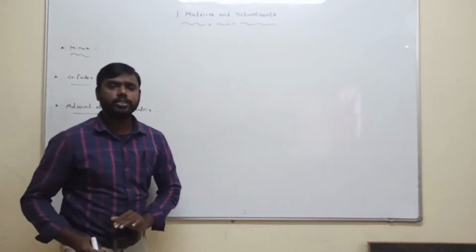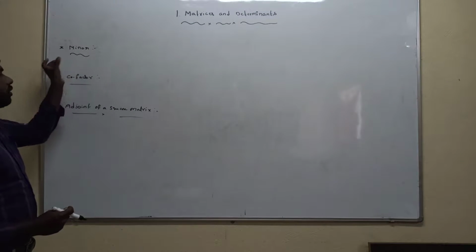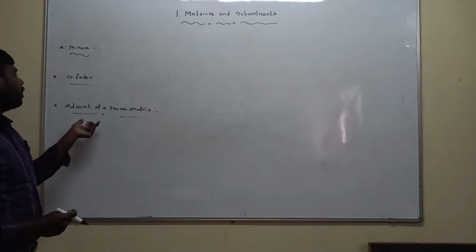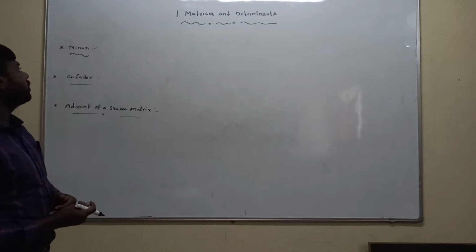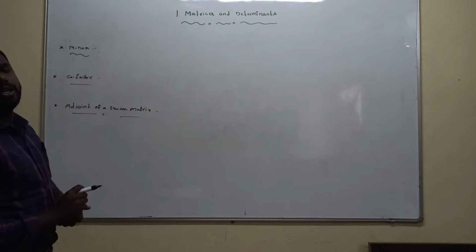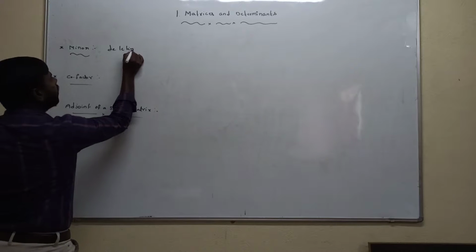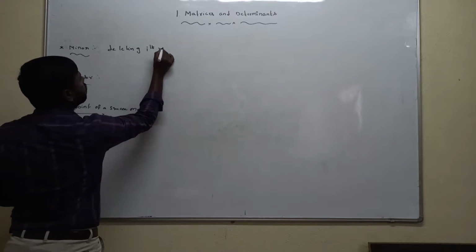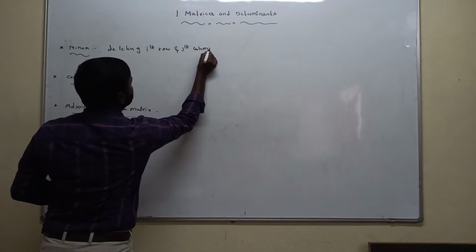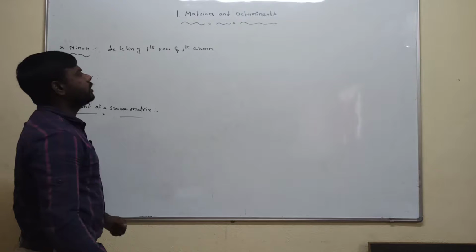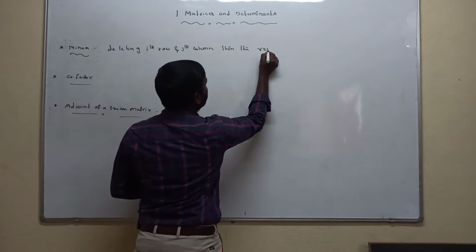Very good afternoon, students. The last class discussed the minor definition, cofactor definition, and adjoint of a square matrix. Again, we are discussing the minor definition.